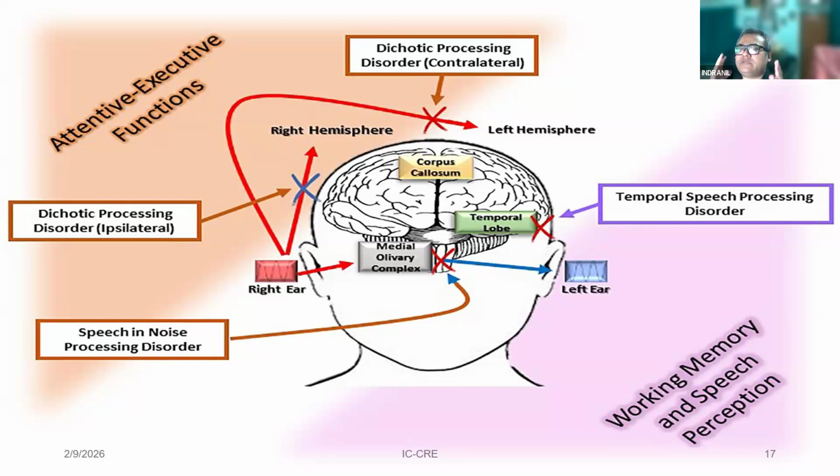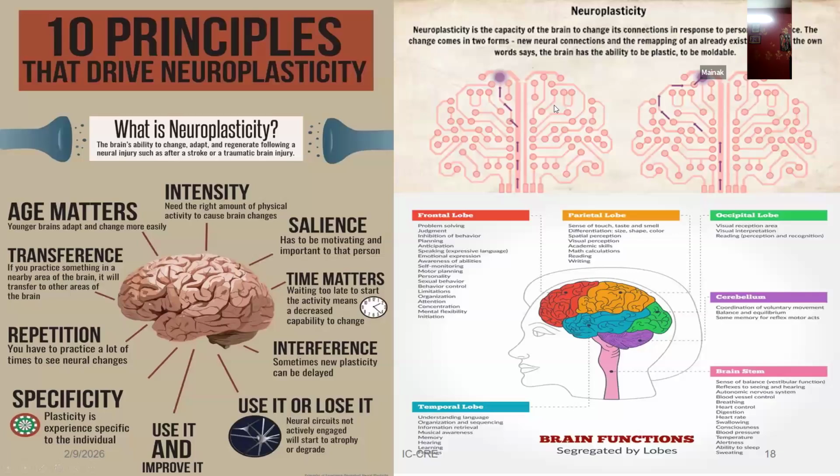So the brain can understand where the sound is located, which is localization, and can respond. Ultimately, whatever we understand is captured in the thalamocortical path for memory and speech perception.